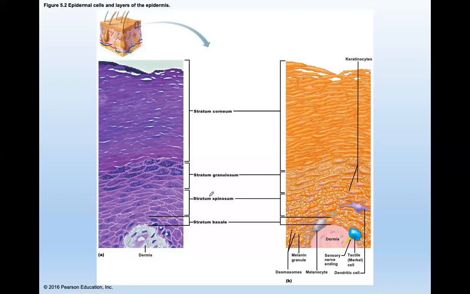If this surface is my outside and this is inside, my dermis would be here and my outside environment would be up here. The top layer, which is pretty thick, is called the stratum corneum. And what are these cells, guys? Are these alive or dead cells?